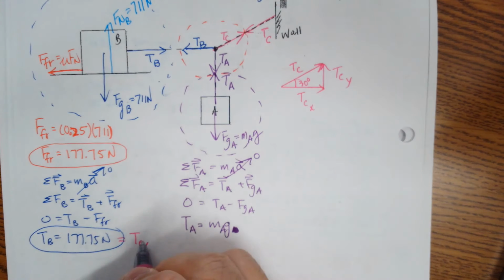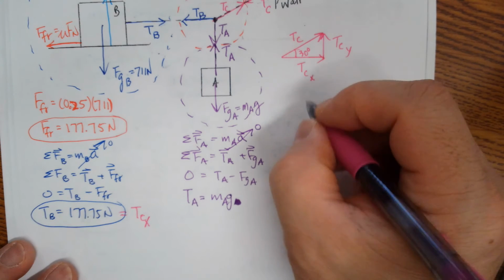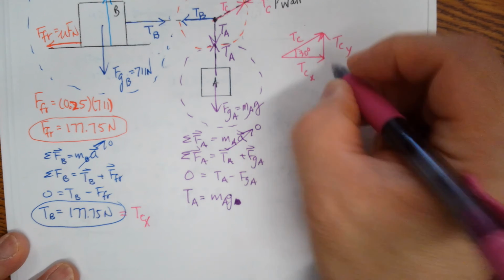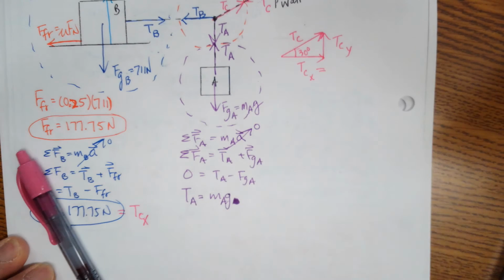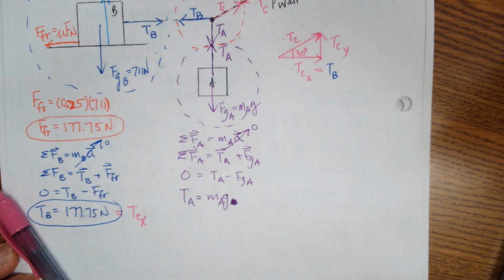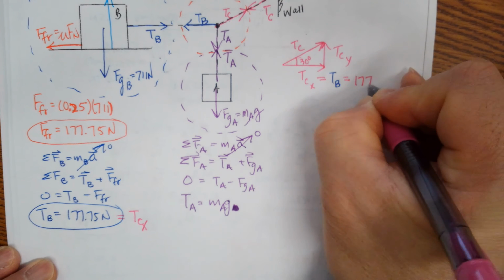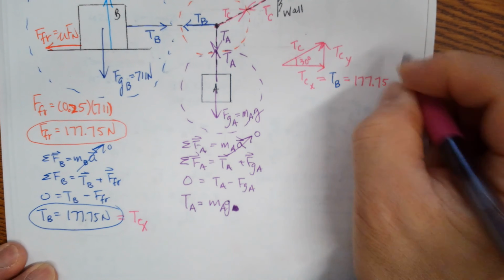Okay? So if that's true, then my TCX is equal to TB, which is equal to 177.75 newtons.